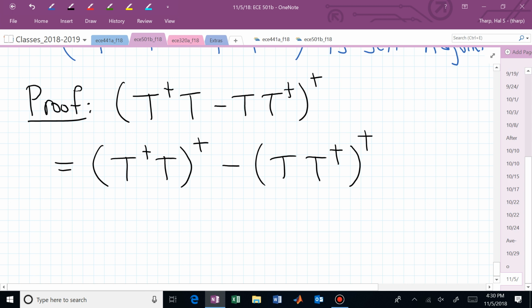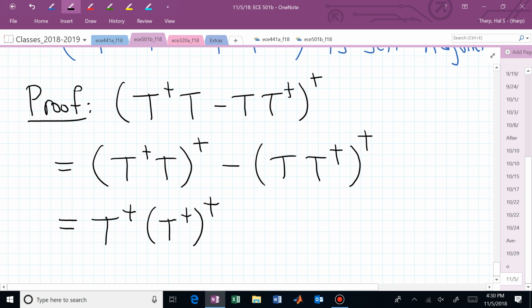And what happens when we dagger a combination of maps. It's similar to what happens when we transpose matrices. Their order switches. So now I take the rightmost map, T, and dagger that and operate on T dagger dagger. That's our favorite, isn't it? T dagger dagger. Hopefully it's not too much of your favorite, but there we go.